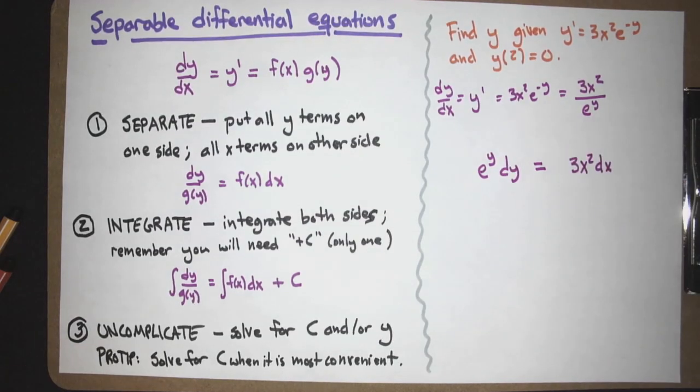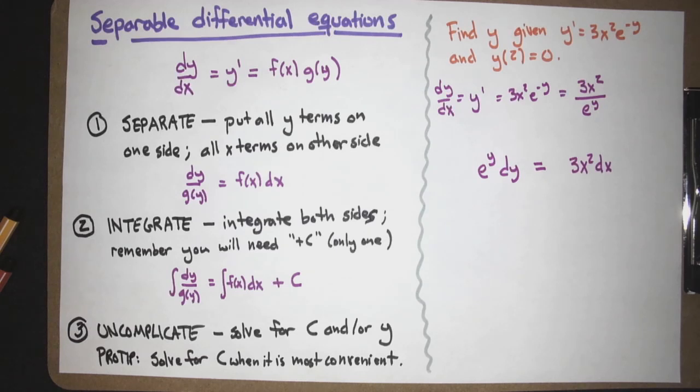Okay, that's step one. Separate. We've now separated, so there's only y's on one side, only x's on the other side. If you can't do that, it's not separable. If you can, it is separable. So this is sort of the ultimate test. Can you make it look like that?